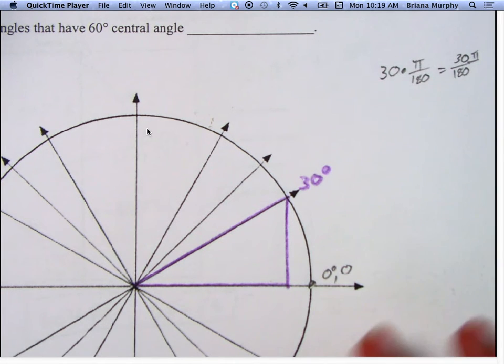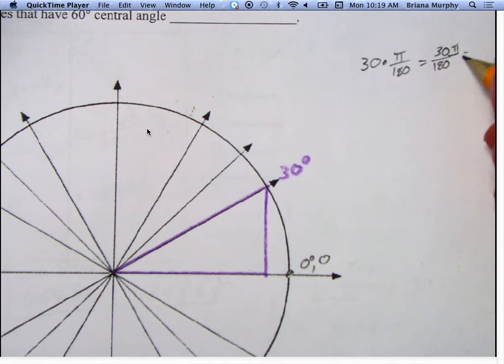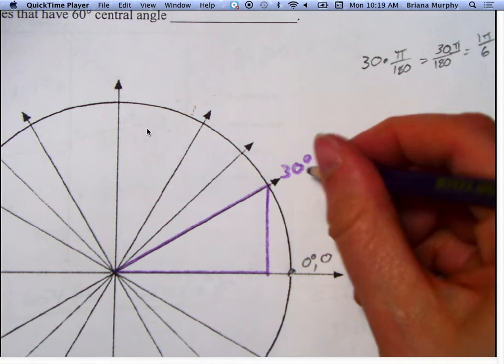Is there a way to reduce 30 over 180? Could I just stick that in my calculator, ignoring pi? Yes. And would I get a fraction, and what would that be? 1 over 6. So I get 1 pi over 6. So I'm just going to change that to pi over 6. That's my radians.